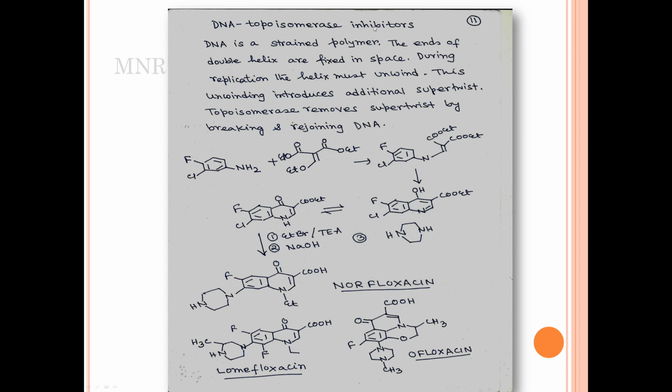So DNA topoisomerase inhibitors are enzyme inhibitors, and DNA is a strained polymer. It's a double helix, and the ends of the double helix are fixed in space. So when it undergoes multiplication, it has to unwind.